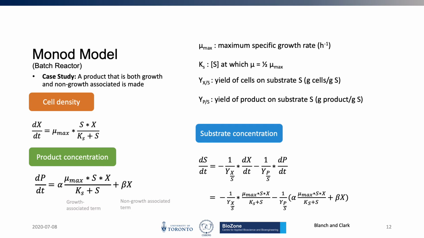Once you substitute the equations for dX by dt and dP by dt into the dS by dt equation, you have an expression for dS by dt that depends on all known constants, and so you can model it computationally. And just to reemphasize, Y X sub S and Y P sub S are terms that you can measure experimentally in the lab, and you can also measure alpha and beta in the lab.